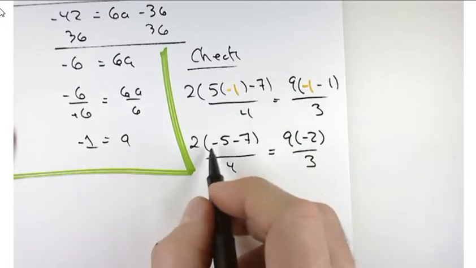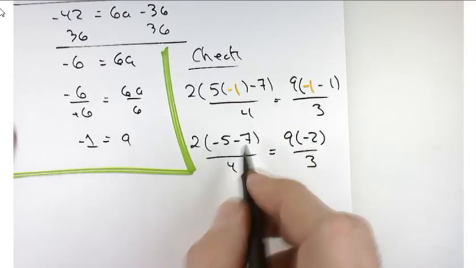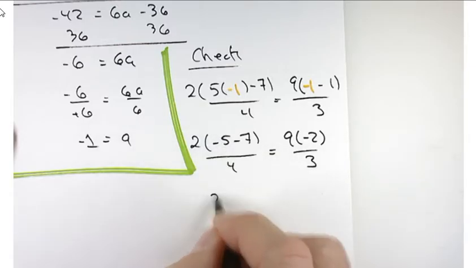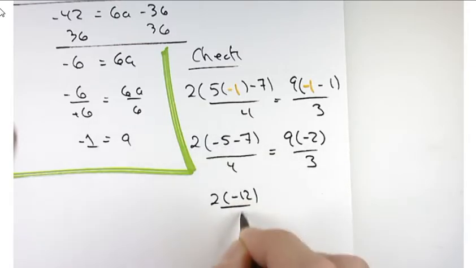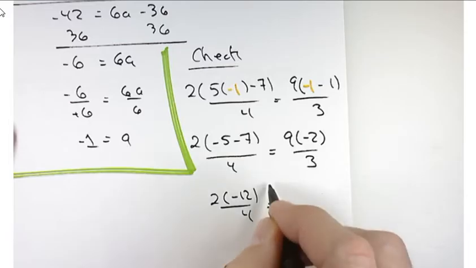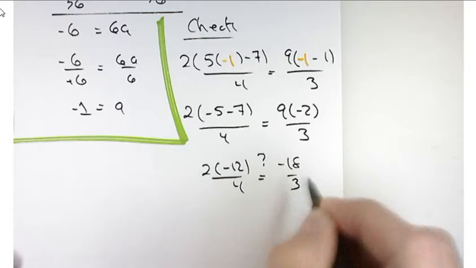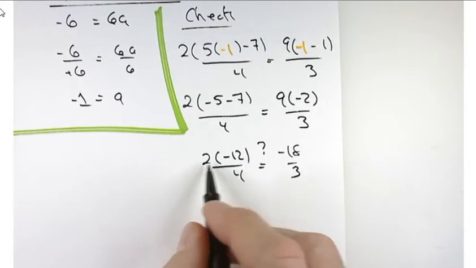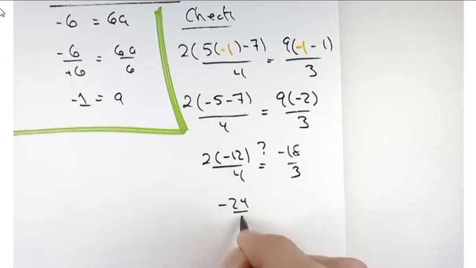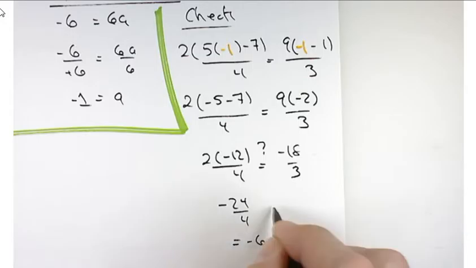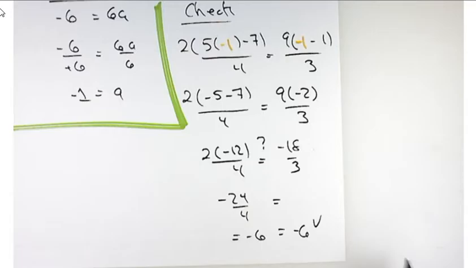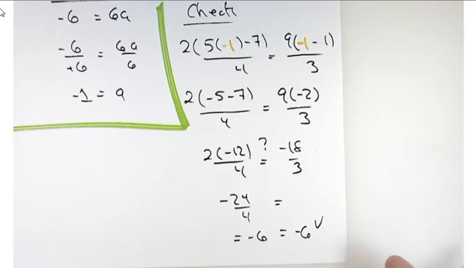To continue, negative 5 minus 7 is negative 12. I should probably put a question mark here because I don't know that they're equal yet. Negative 24 over 4 is negative 6, and negative 18 over 3 is also negative 6. So, wow, a lot of work, but eventually it did check.